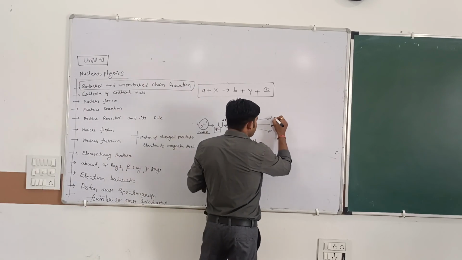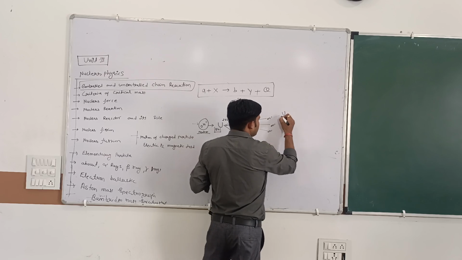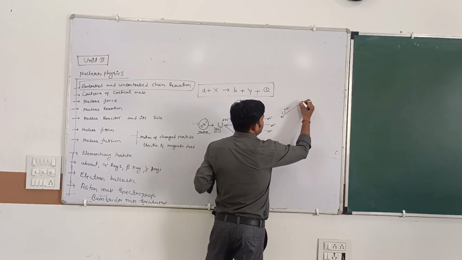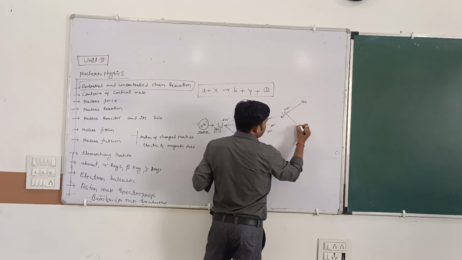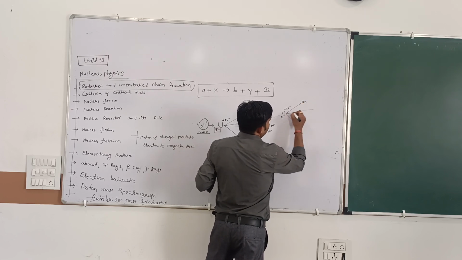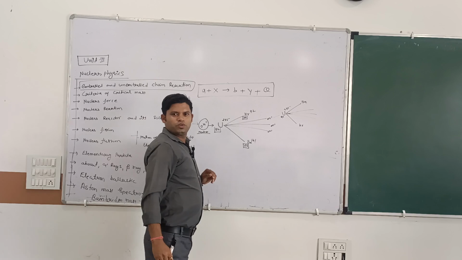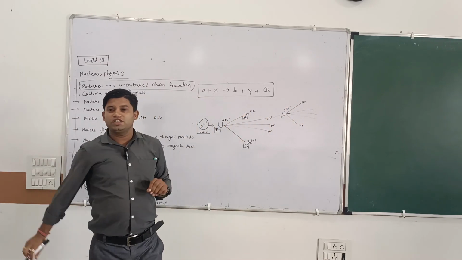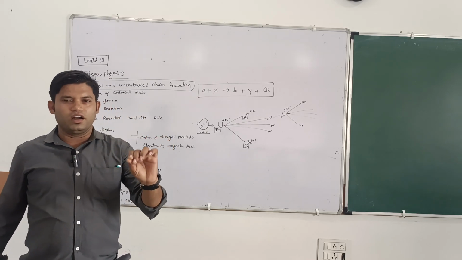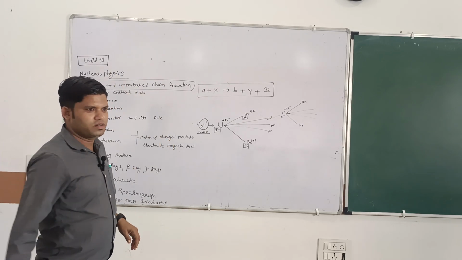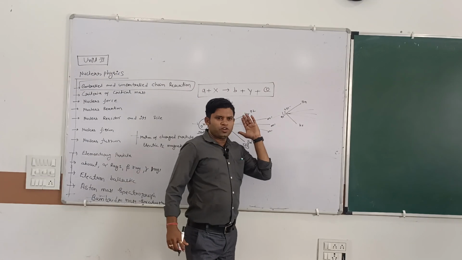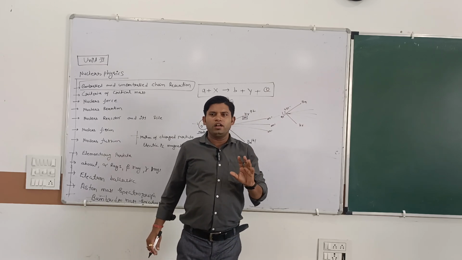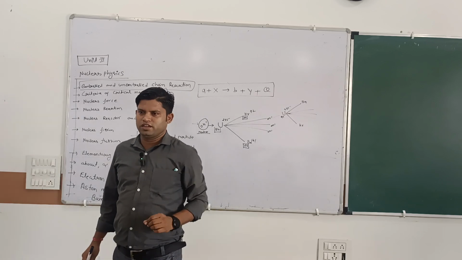Again, this neutron hits another 235, then barium, krypton, and again releases 3 neutrons. This process continues. That means this is the example of an uncontrolled chain reaction. Are we controlling this reaction or not? No. So this reaction is called an uncontrolled chain reaction.